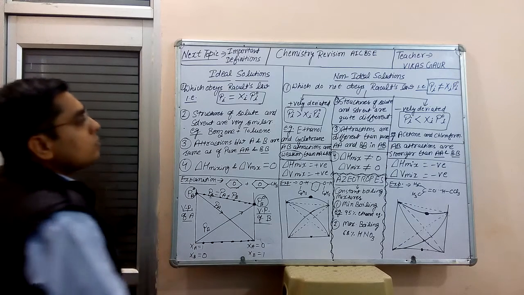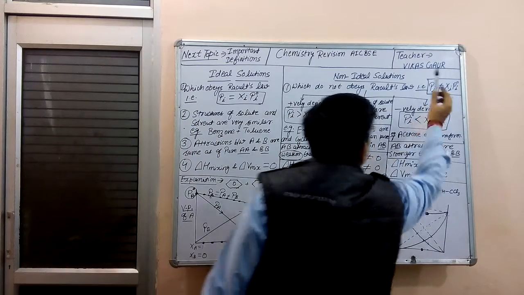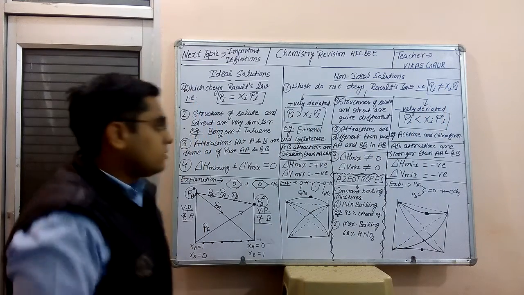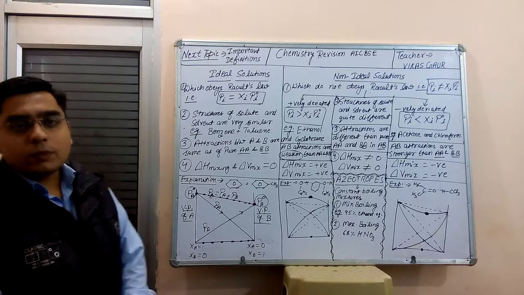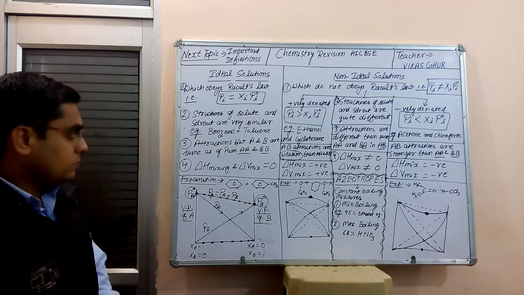But if we talk about non-ideal solutions where Pi is not equal to Xi into P naught i, means the vapor pressure of a component is not directly proportional to mole fraction.